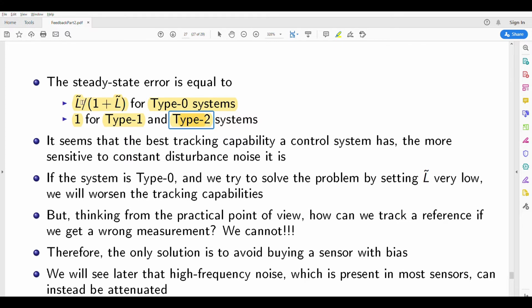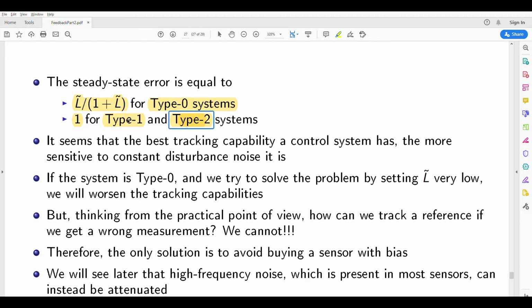On the other hand, if you remember, the steady state error for the reference signal for type 0 systems is in the form of 1 over 1 plus L tilde. So if we decrease L tilde, the steady state error in terms of the sensor noise will decrease, but at the same time, the steady state error for the reference signal will increase. So it's not a good idea to decrease L tilde in that sense.